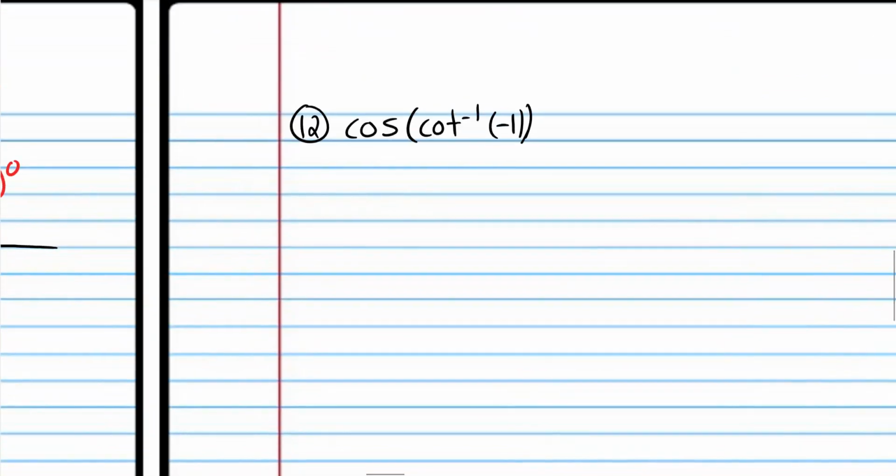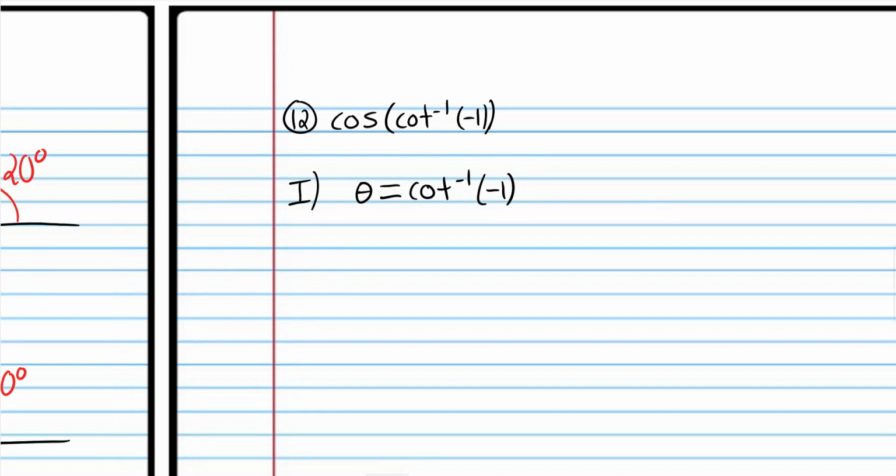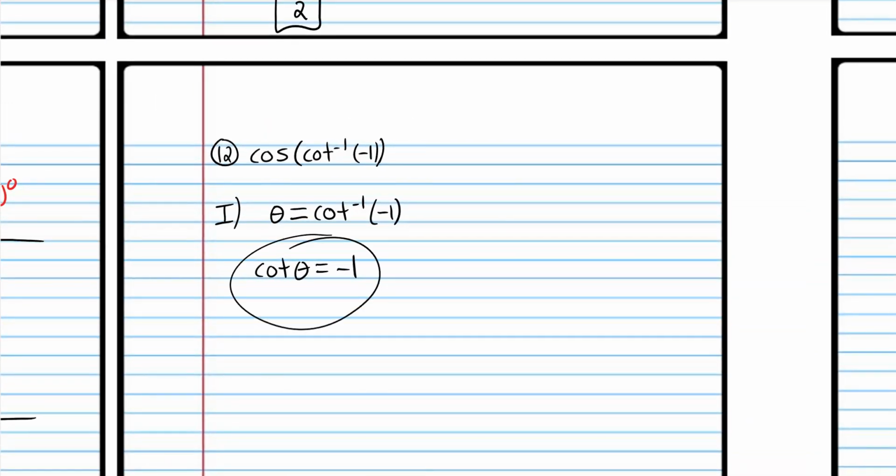So we're going to start by finding the value of the inside expression, but we don't know what that notation means. So we're going to set it equal to theta to help us figure out what it means. And remember, that's the button you push if you're trying to solve the following equation. So this equation tells us what we're looking for.